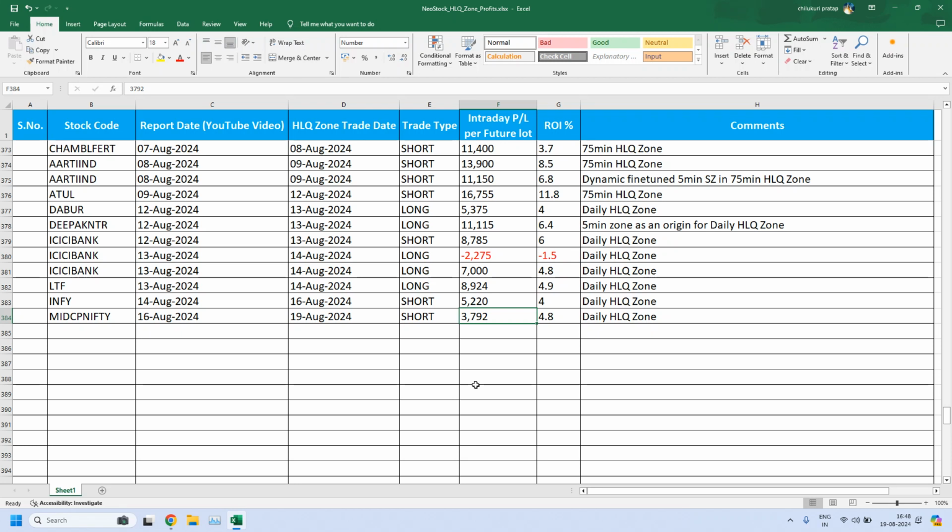Generally your future cost will be between 1.5 lakh and 2 lakhs. So probably you would have bought two futures.